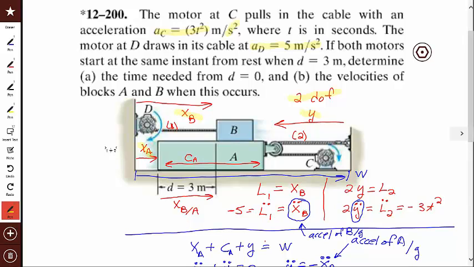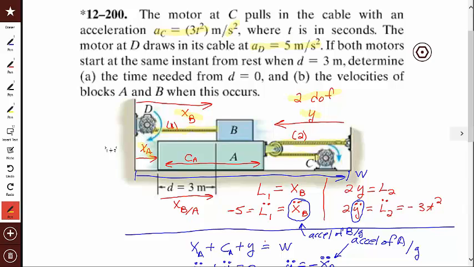I'm going to call this XA right there. I don't need this many variables because it's a little bit redundant. The other thing I'm going to do is count the number of ropes. I have 1 rope here, and I have another rope right here.